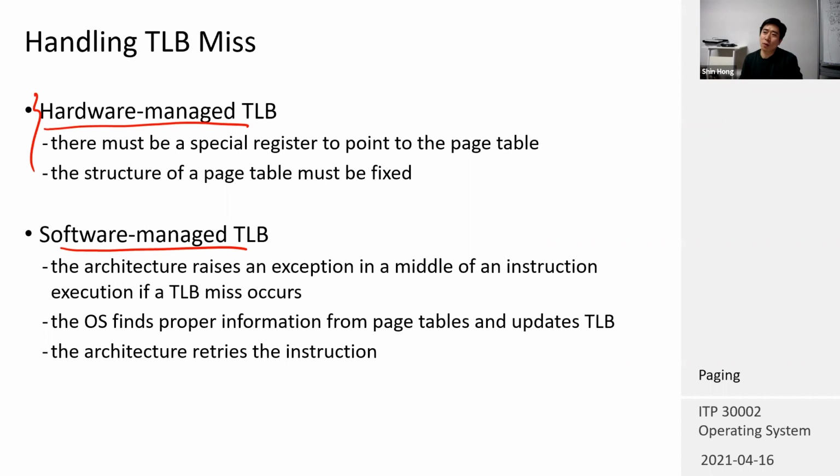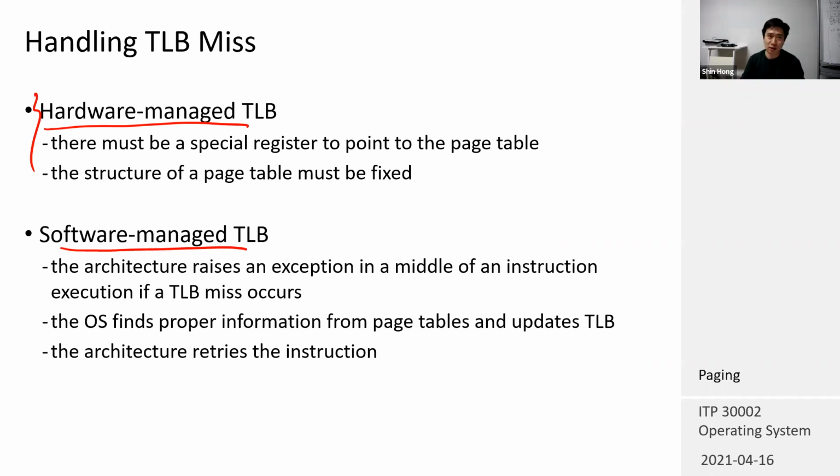The obvious problem is that, since the computer architecture handles the TLB miss, there should be a very strict rule for managing the page table. We need to tell the hardware the exact location, exact size and exact format of the page table, or it's upside down.